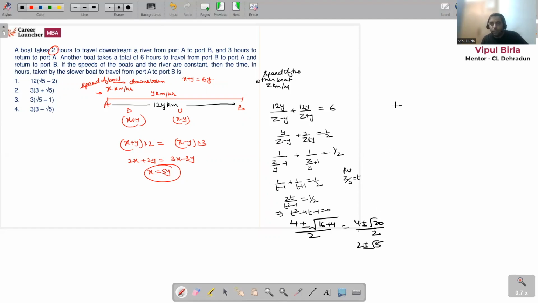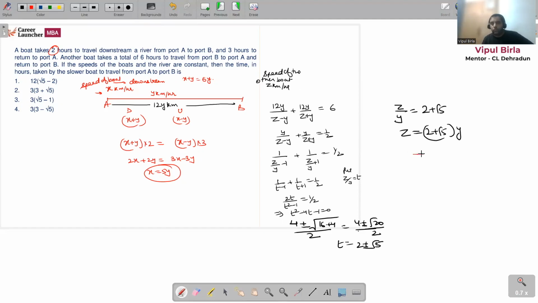Hence, z upon y is equals to 2 plus root 5, which gives me z is equals to 2 plus root 5 times y. So that means I'm able to identify speed of the slower boat with respect to speed of the stream. Now, question is nothing but time taken by slower boat to travel from A to B downstream, right?